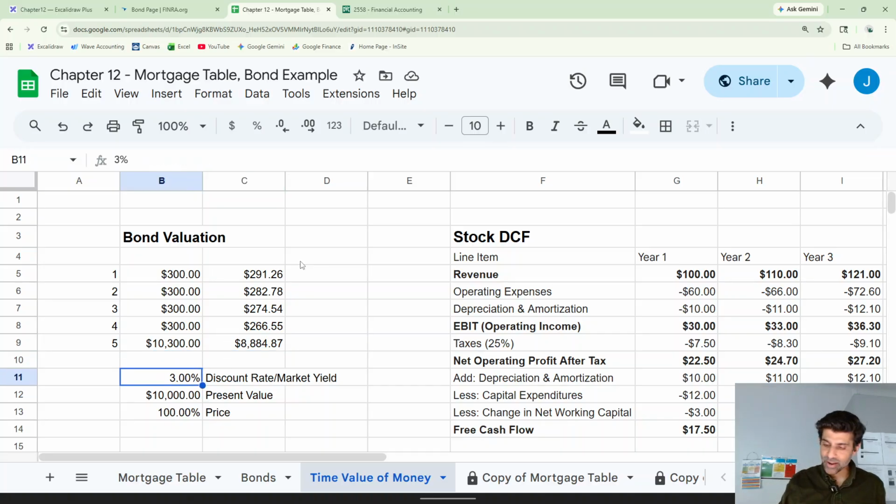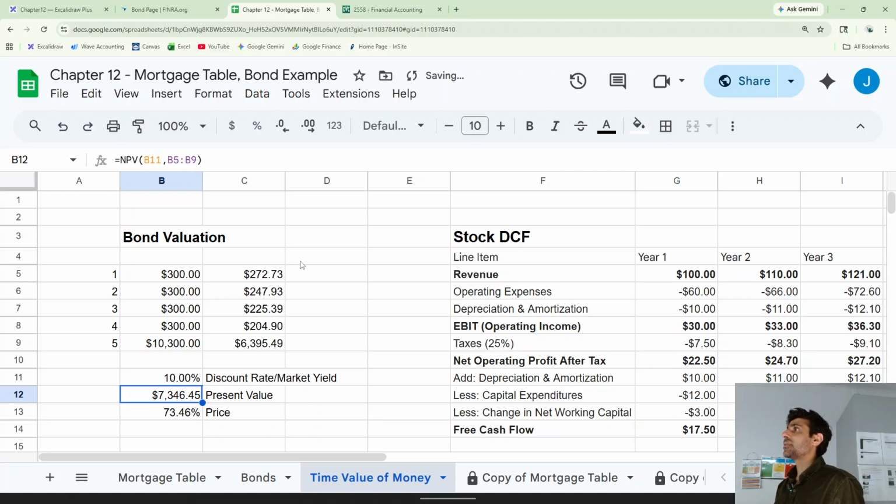Now, if I change the discount rate, let's change it to 10, everything drops. Because the discount rate represents risk, it represents opportunity costs, right? So if you had some crazy good investment you can make right now, you're like, dude, I'll take less money right now because my opportunity cost is so high.